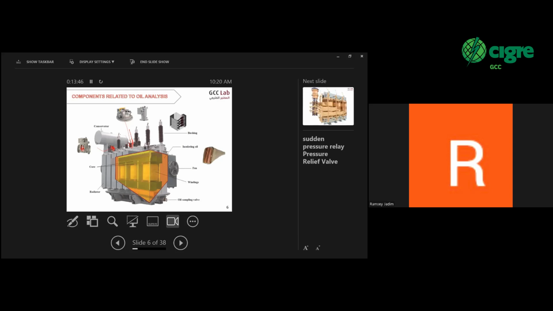There is also another thing related to the oil: cable boxes. It is also very important to check the oil analysis to see if there are any gases, if there is any problem inside. Many trips came from the cable box also. All of this is related to the oil analysis that we must focus on.